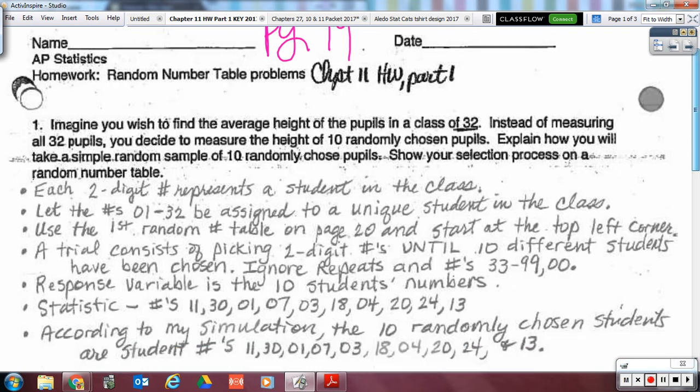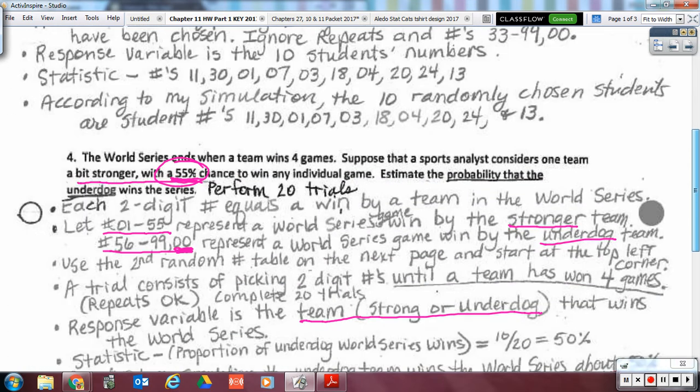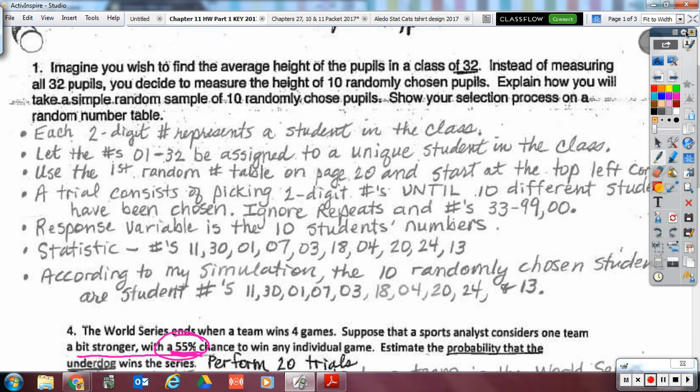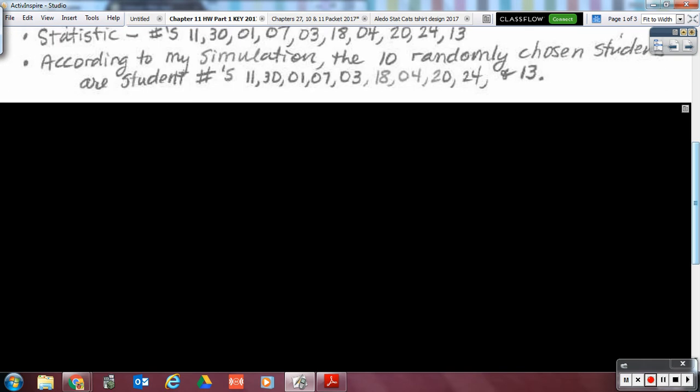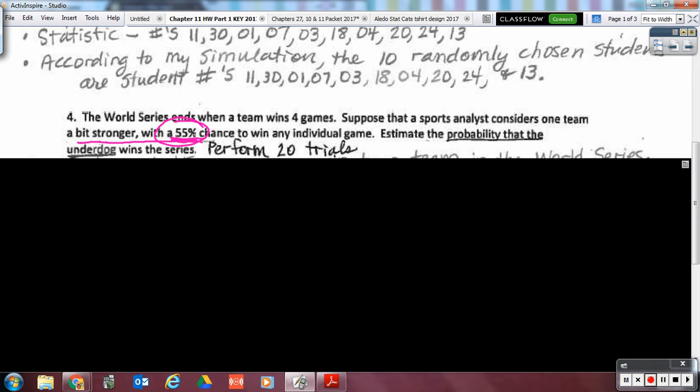All right, now number 2. Let's discuss, as far as digits go, when you would use 1 digit versus 2 digits. The thing that tells you what size digits to use has to do with how many items there are or the percent that you're dealing with.